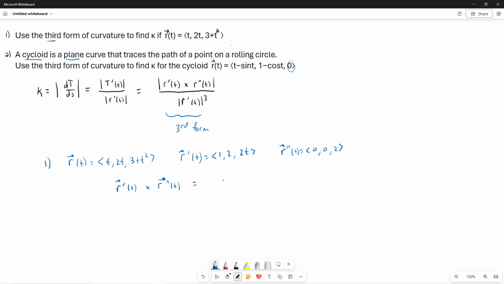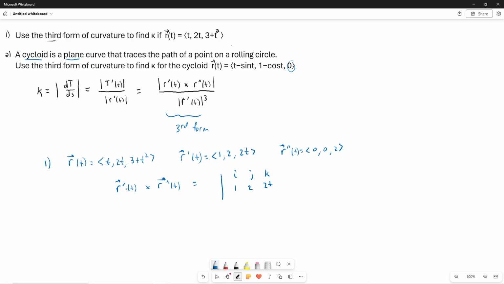It is equal to, we make a 3 by 3 matrix. Here's i, j, and k, the unit vectors in the x, y, and z directions. We put the first vector in the second row here, so that'll be 1, 2, 2t, and we put the second vector on the third row. The order matters.